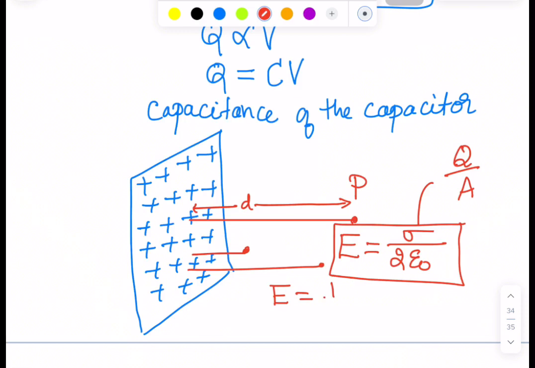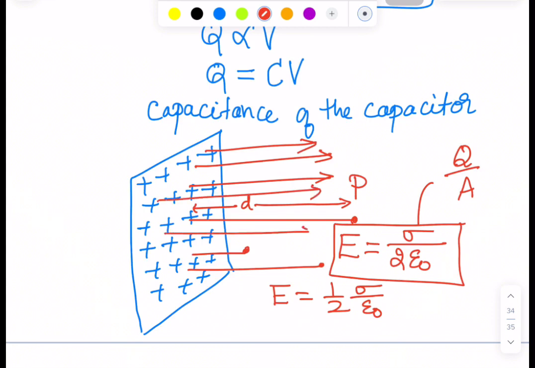Take the point P anywhere. The electric field at all the points is the same because the electric field lines come parallel from the plate, perpendicular to the plate.